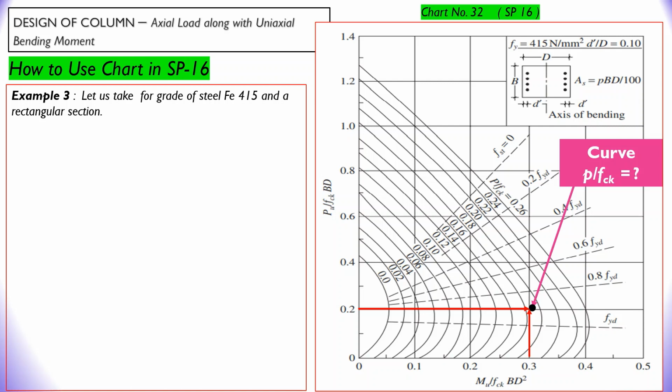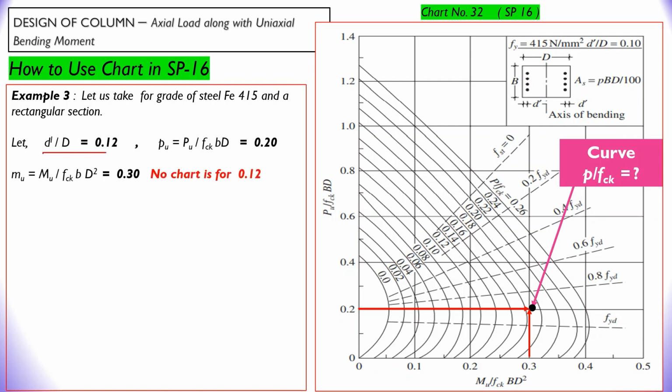Now if a third type of case emerges, here you can see that d dash by D ratio is 0.12, pu is 0.2 and mu is 0.3. When you refer to the charts in SP16, you will find that no chart belongs to d dash by D ratio 0.12, because charts are available for d dash by D ratio 0.1 or 0.15.